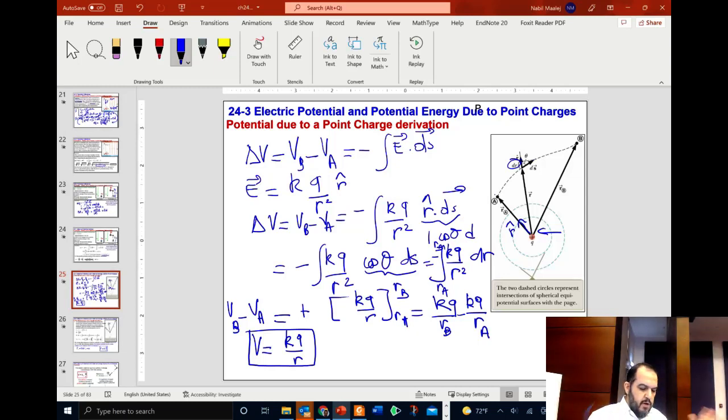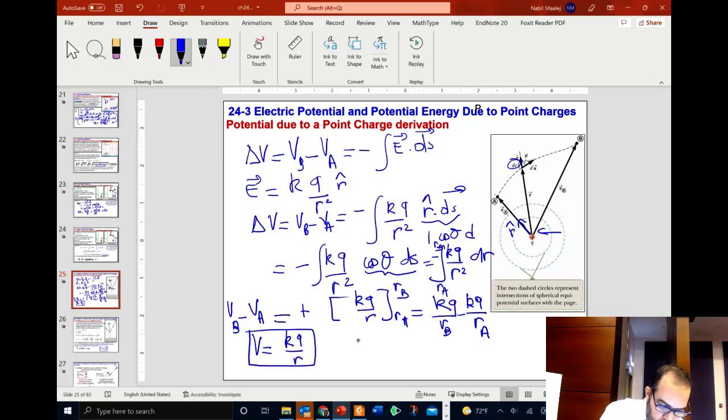Notice, first of all, this is a scalar. It's not a vector, not like the electric field. The second remark, we don't have r squared in the denominator. We have over r. The electric field is kQ over r squared, and it's a vector. Here this is a scalar, and it's 1 over r, not 1 over r squared.